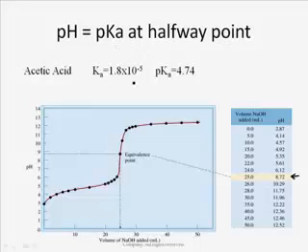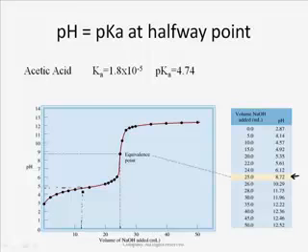For acetic acid, the pKa is 4.74, so that would put us at about here. If I come over to there and drop down, if this were a more detailed graph, you would see that is at about 12.5 milliliters of the sodium hydroxide added.